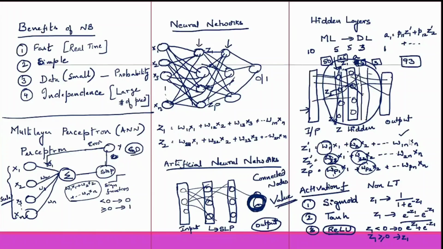This function, for each of the new neurons, the new nodes, activates. That's where it becomes Z1 dash, Z2 dash, and so on. That value will be passed on to the next layer, and that's how every layer will get updated until your output layer.